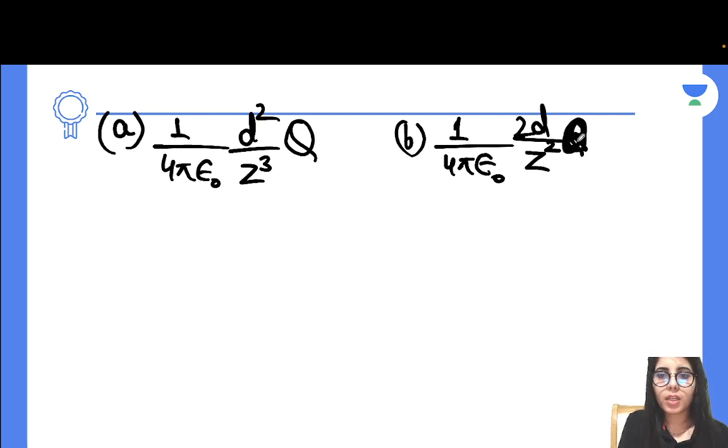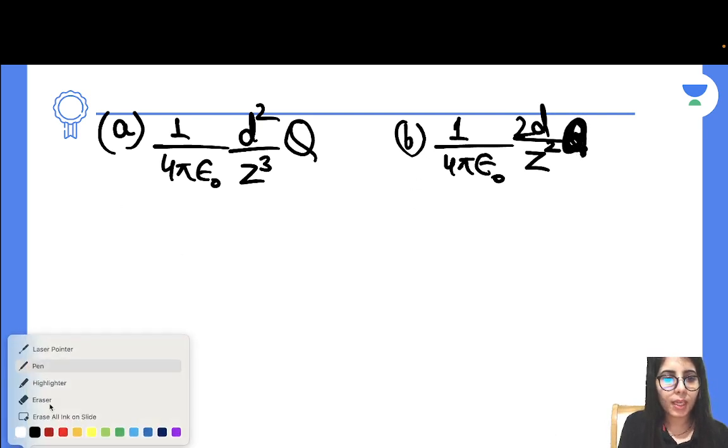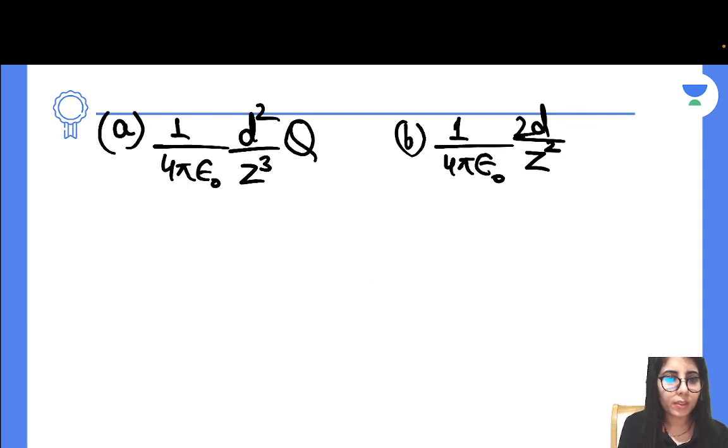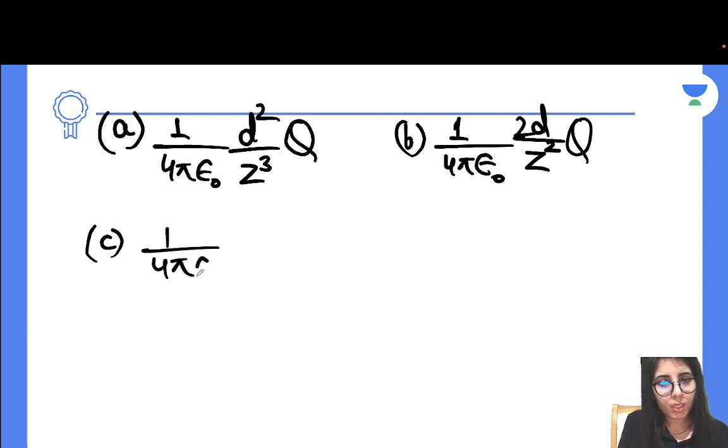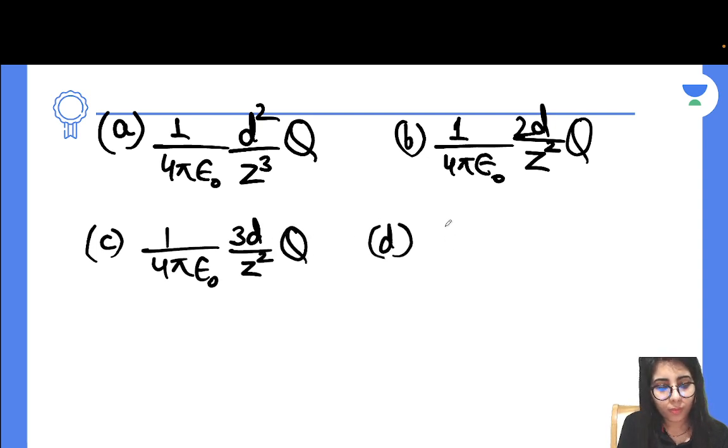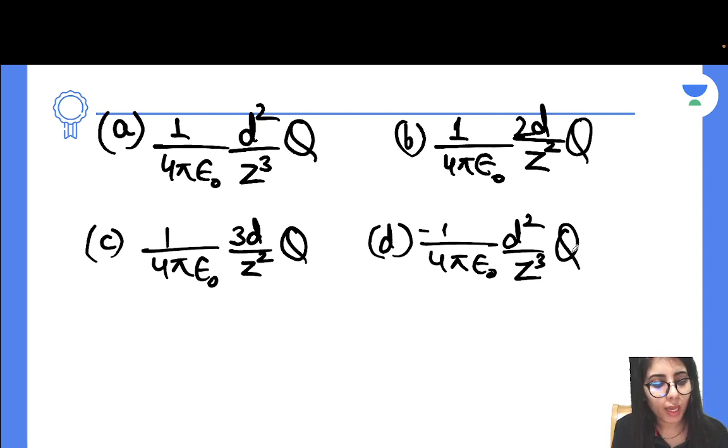The next one we are going to have is, give me a second, let me just write it properly. One over 4 pi epsilon naught 3d over z square q. And 1 over 4 pi epsilon naught with a negative sign, d square over z cube and q. This is what you're gonna have.